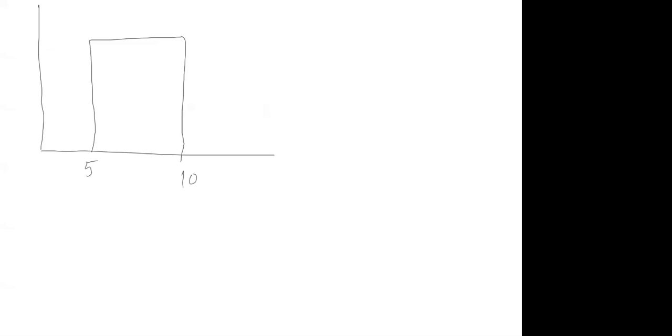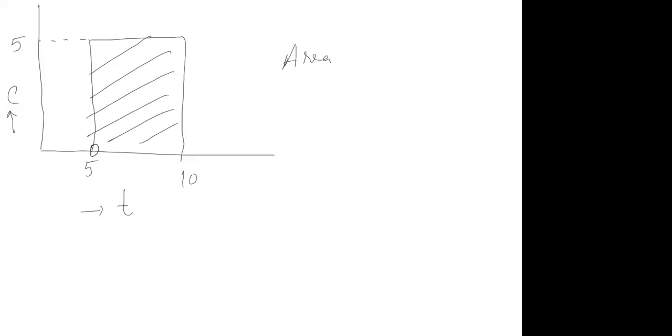This is 5, 10. This is 5. Clear? This is C, this is T. So what is the area under the curve? The mass is located here only. The particles started coming from 5 minutes and ended up in 10 minutes. After 10 minutes, there are no particles. Before 5 minutes, there are no particles.